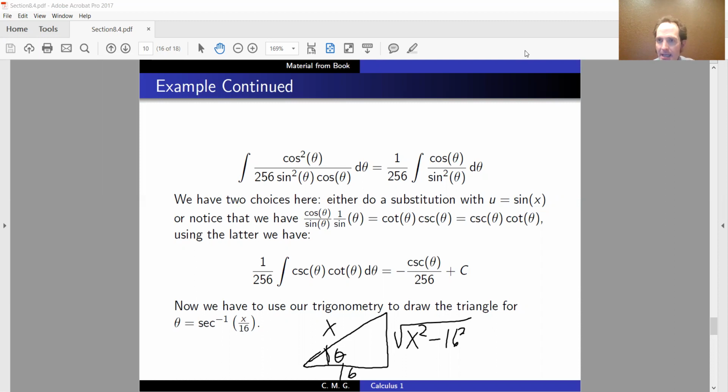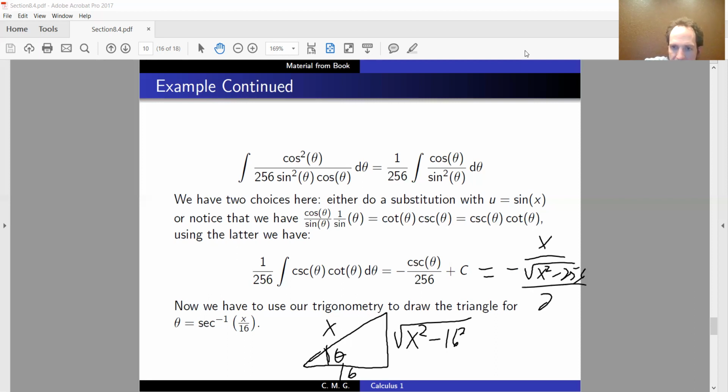Okay, and now I want cosecant. So what is the cosecant of an angle? The cosecant of an angle is the hypotenuse over the opposite. So remember, cosecant is 1 over sine, and sine is opposite over hypotenuse. So I just flip that, make it hypotenuse over opposite. So the cosecant of theta is going to be x over the square root of x squared minus 256.